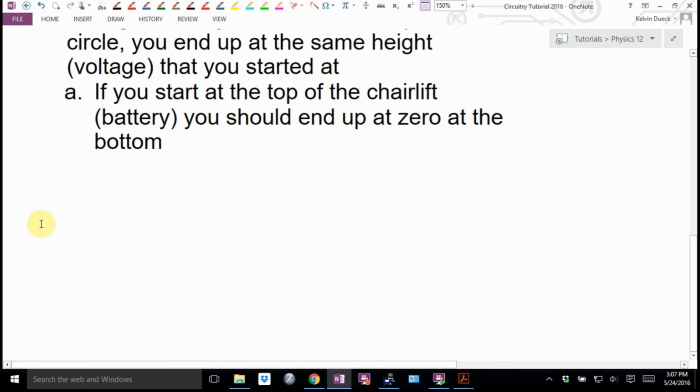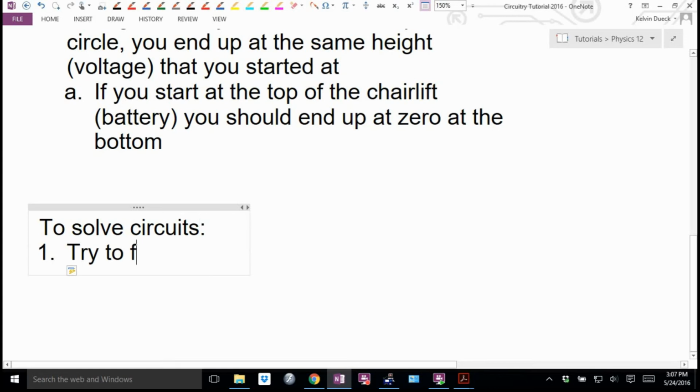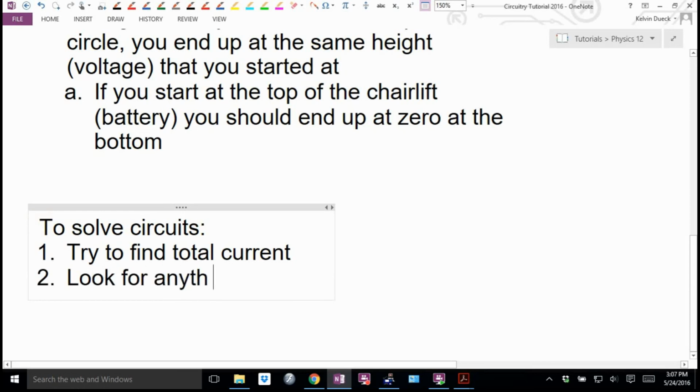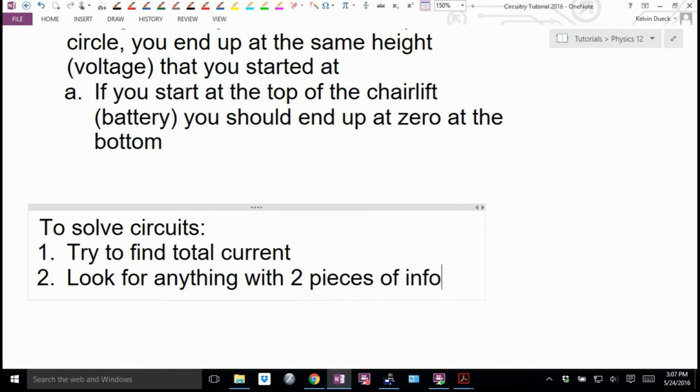What was our strategy? Our strategy to solve circuits was as follows. Try to find total current. If you have total current, the question falls apart. I'm telling you it does. If you can't find total current, look for anything with 2 pieces of information on it.